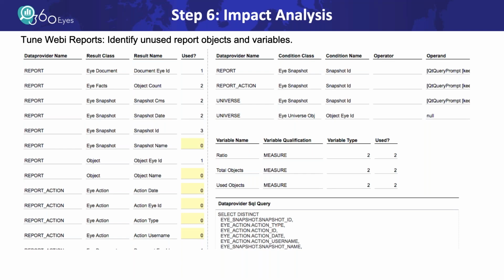So a key piece of 360Eyes' BI on BI solution is impact analysis, and we provide those Webby reports that allow you to find, based on a universe object, on a SQL expression, so select or a where clause, or on a variable syntax or name, what is going to be the impact on any changes made to those on the current content that lives within BusinessObjects.